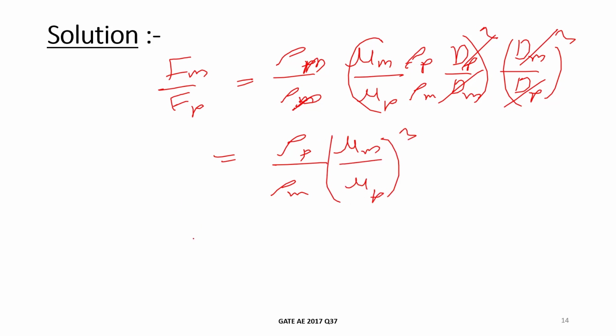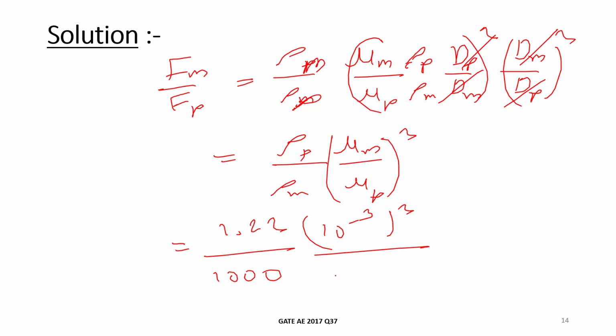So from the problem we will put the value of rho p, rho m, mu m and mu p. Rho p is 1.22, rho m is 1000, mu m is 10 to the power minus 3 and mu p is 1.78 into 10 to the power minus 5.